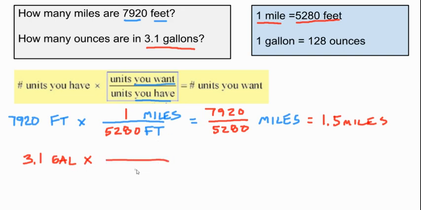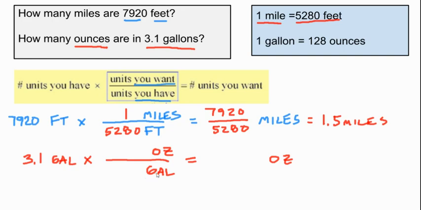We put the units that we have on the bottom of that fraction, gallons. We put the units we want, which are ounces. I'm going to abbreviate ounces, OZ, that's a little quicker. And then when we do that, we should get a number of ounces when we multiply or divide.